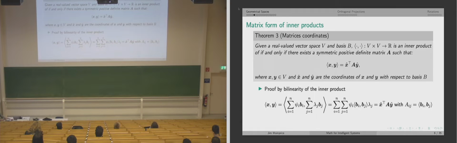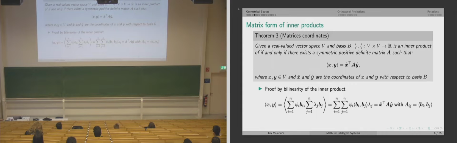And there are many types of A that you can construct that end up specifying a specific type of inner product on the vectors x and y, on the vector space.